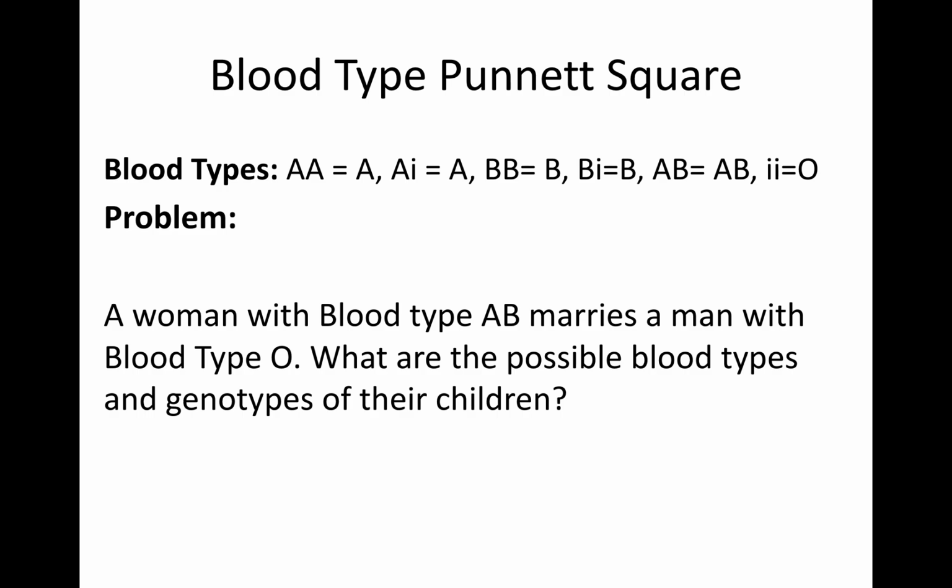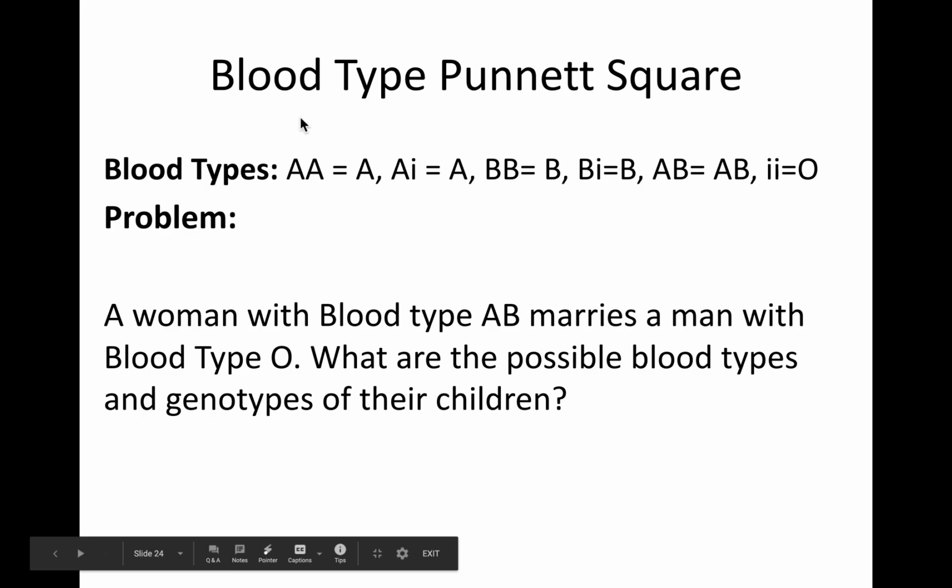So let's do a blood type Punnett square. I'm going to have you pause for us. You're going to finish the video, do this problem on your notes, and then you're going to submit your notes on ManageBack. So first, I want you to do a blood type Punnett square.